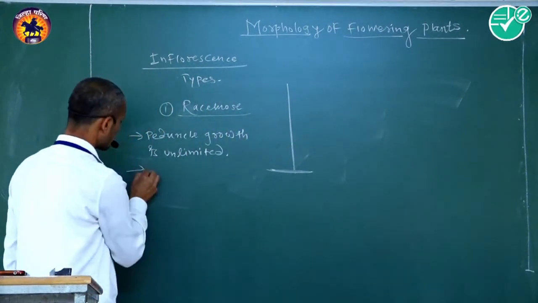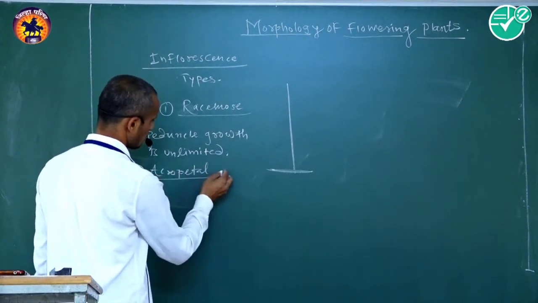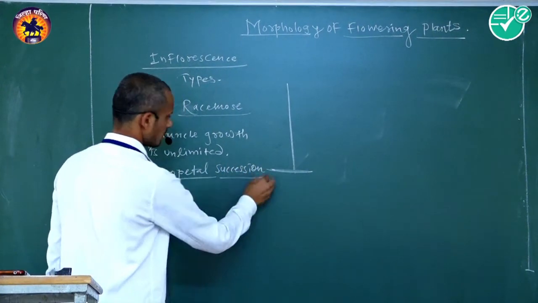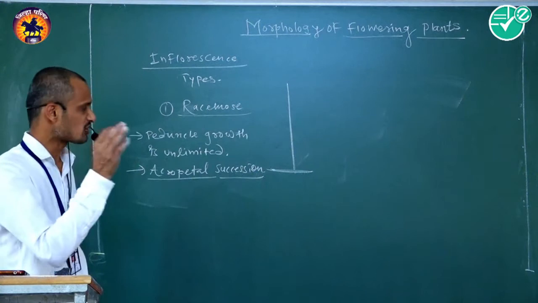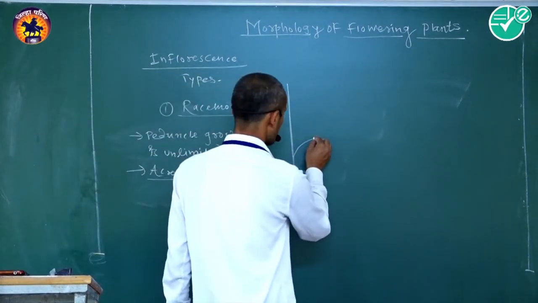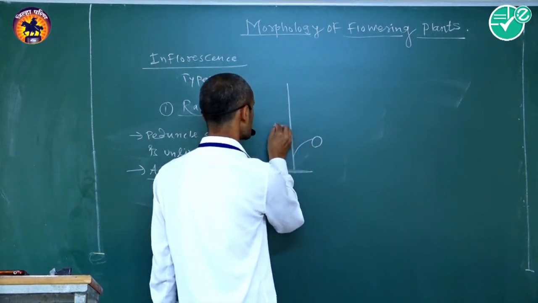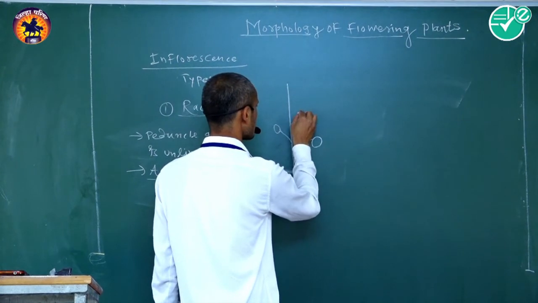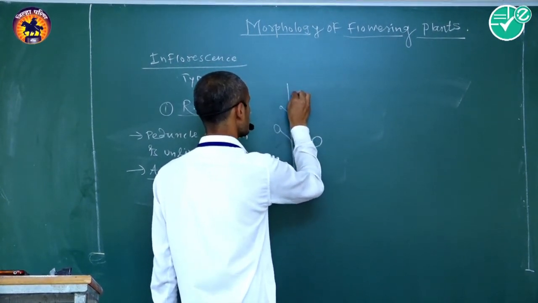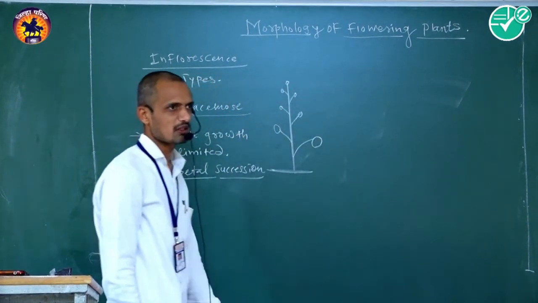Then acropetal succession takes place in the arrangement of flowers. That is, older flowers are situated at the base portion and younger flowers are situated at the apex portion. That is called acropetal succession.